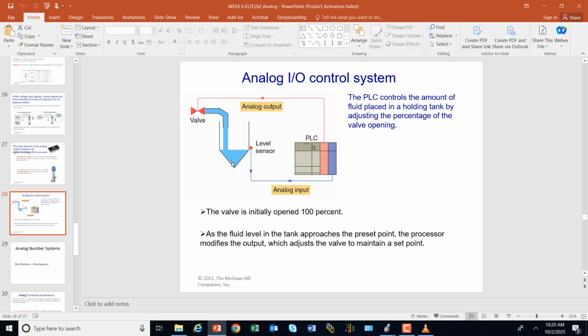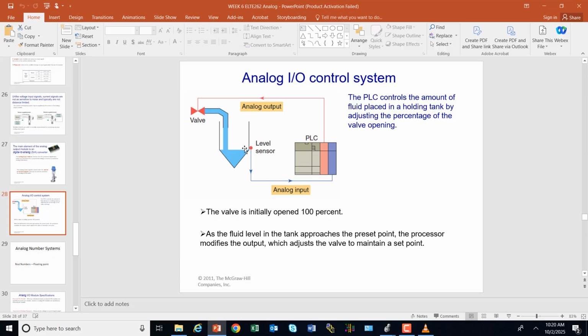It says initially opened 100%. As the fluid level of the tank approaches the preset point, it would modify the output so that it starts slowing down, so that you could be sure to hit the level exactly, versus if you just left it on and then all of a sudden it reached the sensor and you shut it, maybe it would just overfill a little bit.